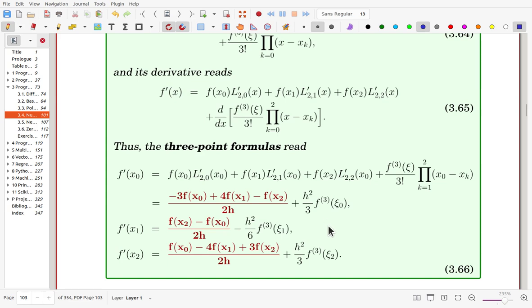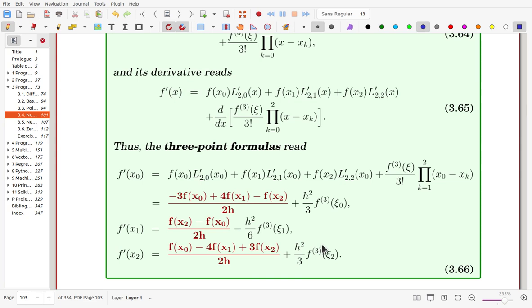Now, exactly the same way, after differentiation, you can evaluate at x1, and then you can get this formula from the three terms, and from the error, the remainder term, you will have such error. And also for x2, the right endpoint, you can get from this one, and then this is the error.